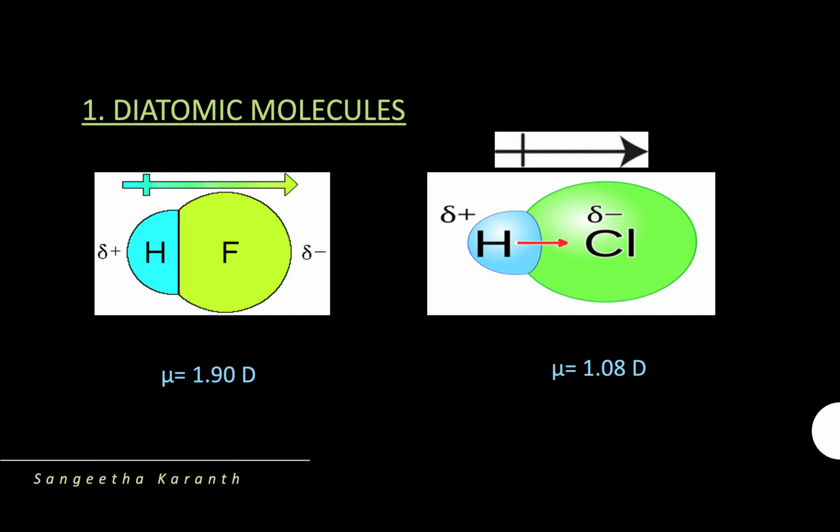Here what we have to concentrate on is that the overall dipole moment of the molecule is equal to the dipole moment of the bond. That is, the dipole moment of the HF bond is equal to the dipole moment of the whole molecule. In the same way, the dipole moment of the HCl bond is equal to the dipole moment of the entire molecule. So this is the case in diatomic molecules.